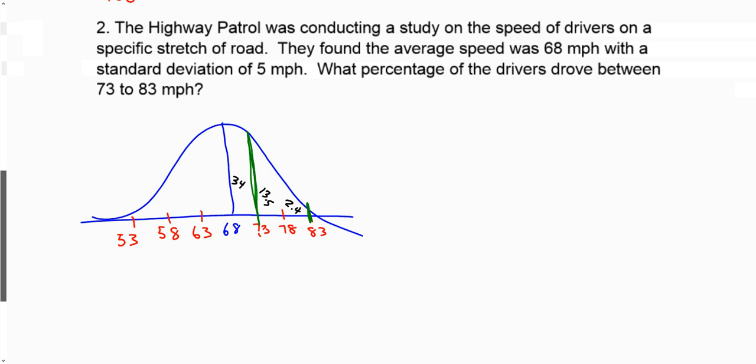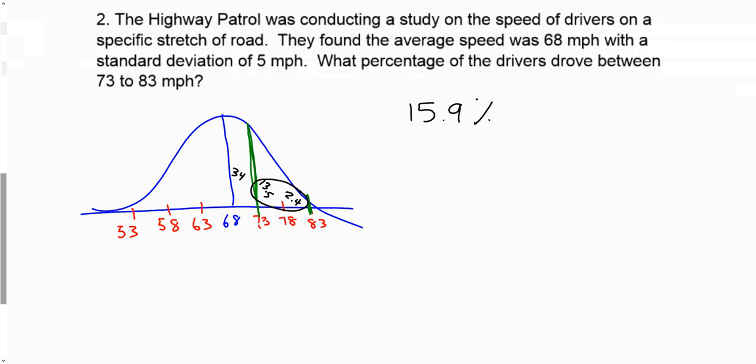The only 2 I have to count are these 2. So if I add those up, that's 15.9. So the average speed was 68, and only 15.9% of drivers drove between 73 and 83.